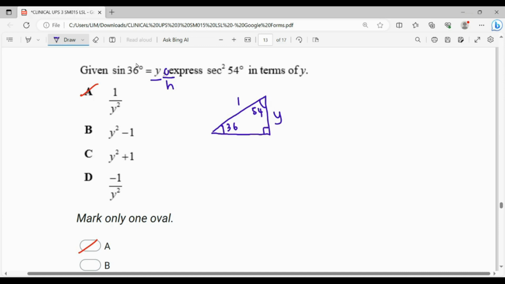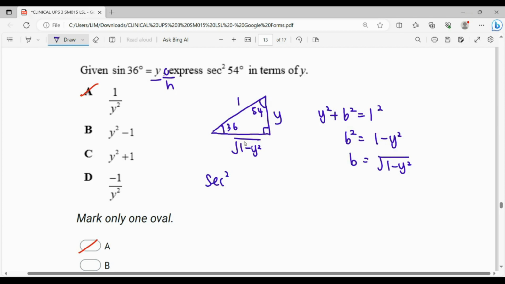Therefore, we have to find the adjacent using Pythagoras theorem: y square plus b square equals 1 square. B square equals 1 minus y square, so b will be the square root of 1 minus y square. Then we have to find the sine of 54 degrees.